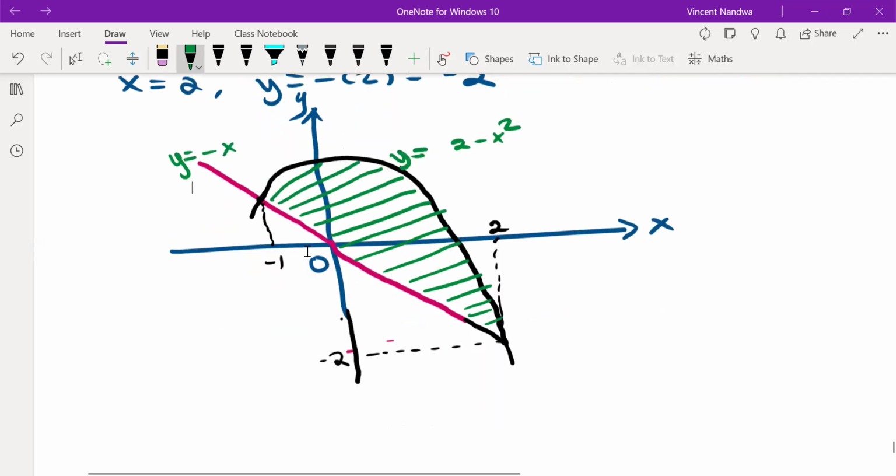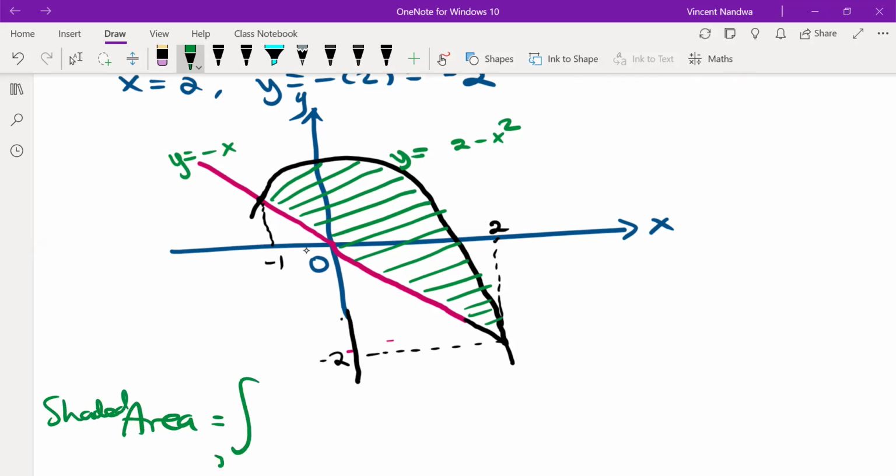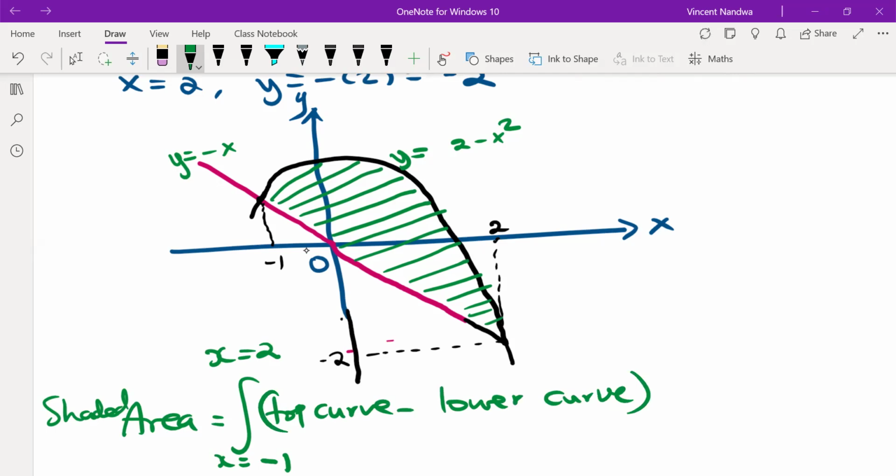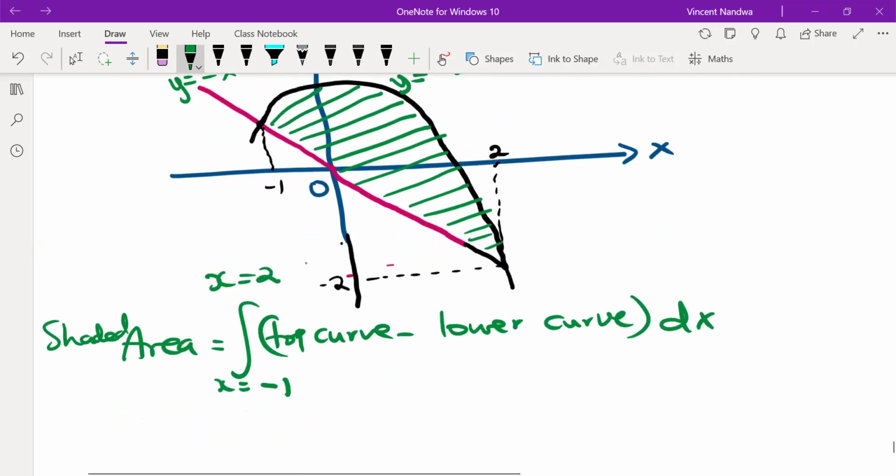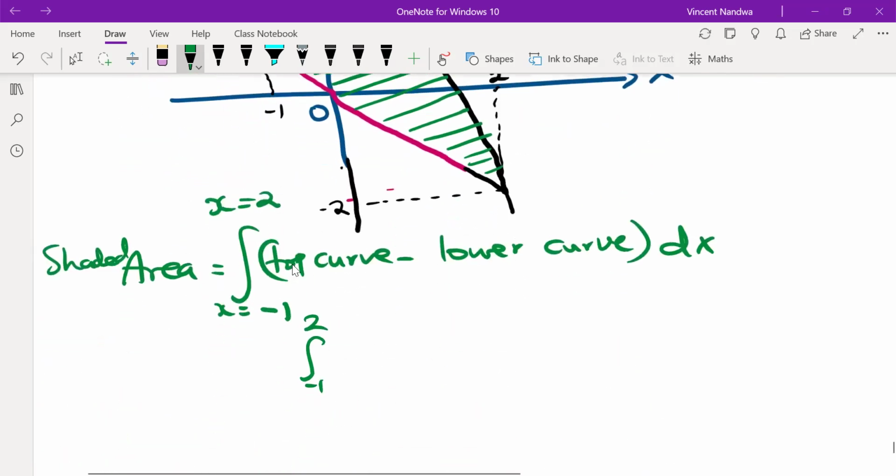So then here, the shaded area is the integral from x equals -1 to x equals 2 of the top curve minus the lower curve, dx, which is the integral from -1 to 2. Top curve is given by 2 minus x squared.